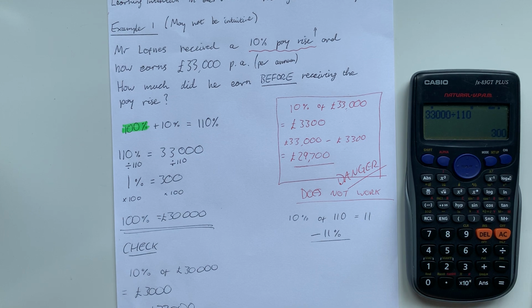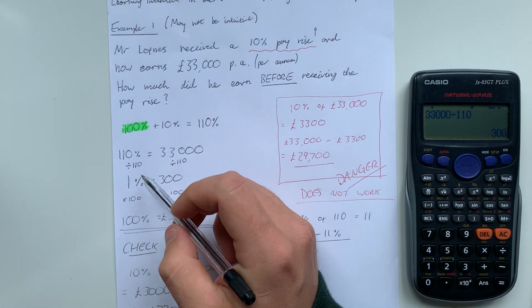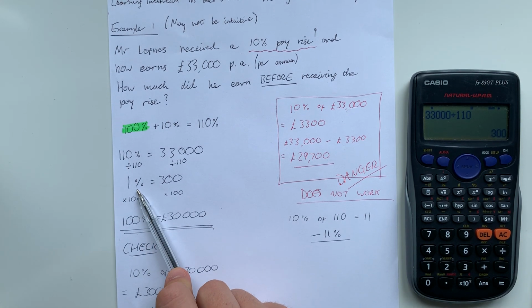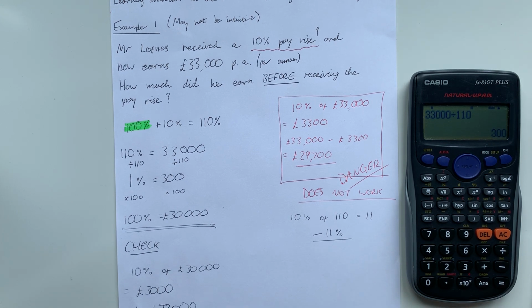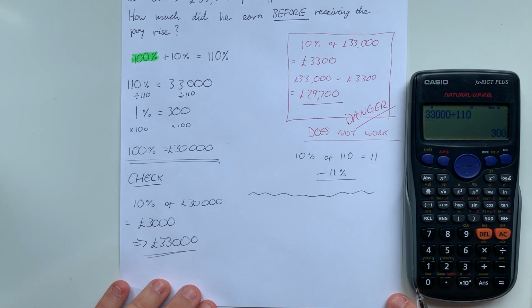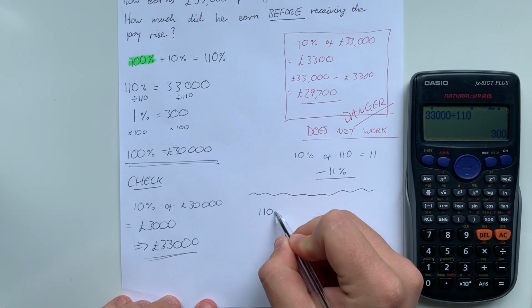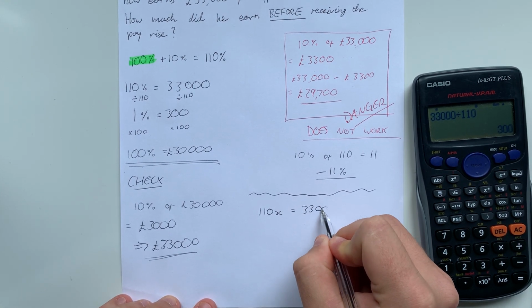Okay. Now, before we move on to a second example, let's just go back to this stage here, because if you didn't quite follow, well, how did we go from 110 to 1 down here? Here's a little way of thinking about it. I did mention some algebra. Let's just take a completely different type of question. Imagine I told you that 110x equals 33,000.